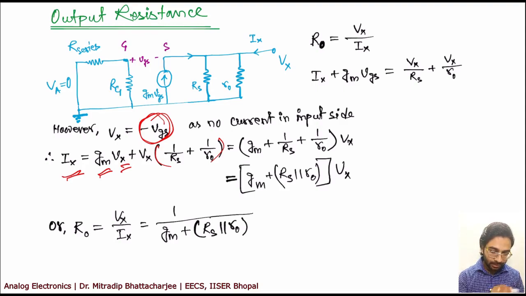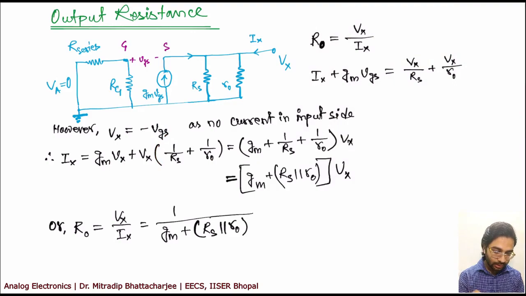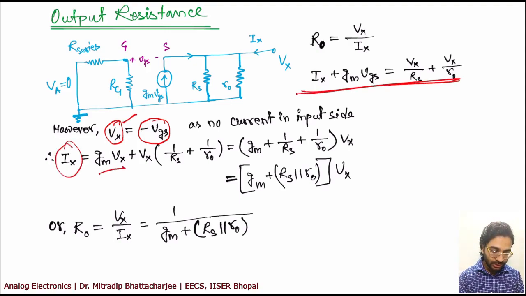I am repeating, we already have considered Vx is equal to minus VGS, which I have explained just now. So just replace this in this equation. So you will find Ix is equal to Gm Vx plus Vx, after taking Vx as common from these two terms, that will come 1 by Rs plus 1 by R0.